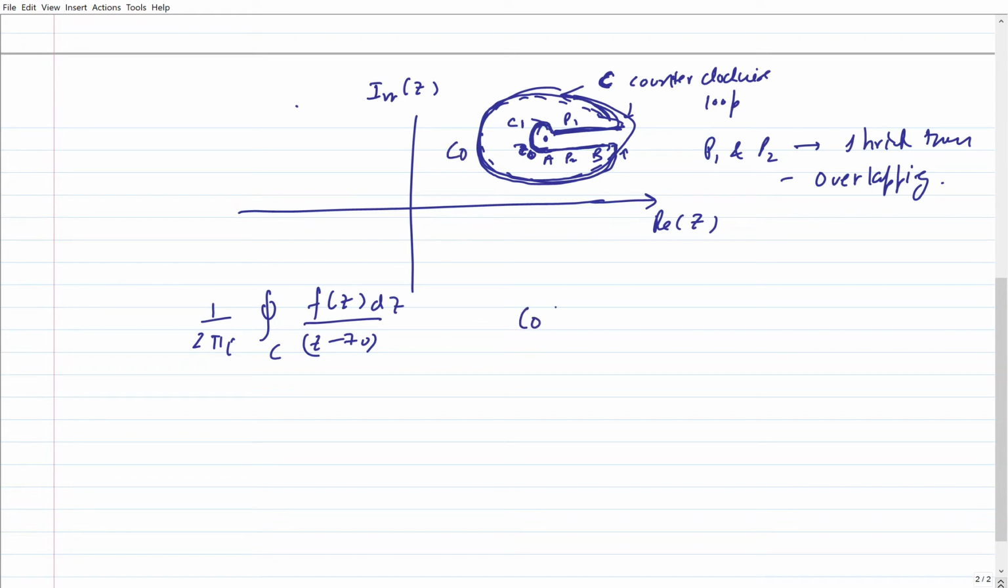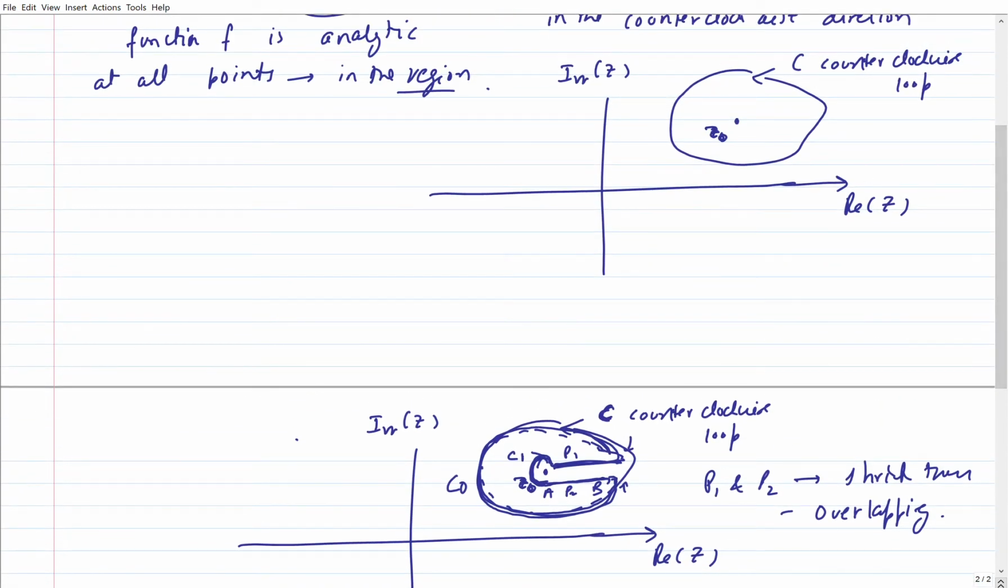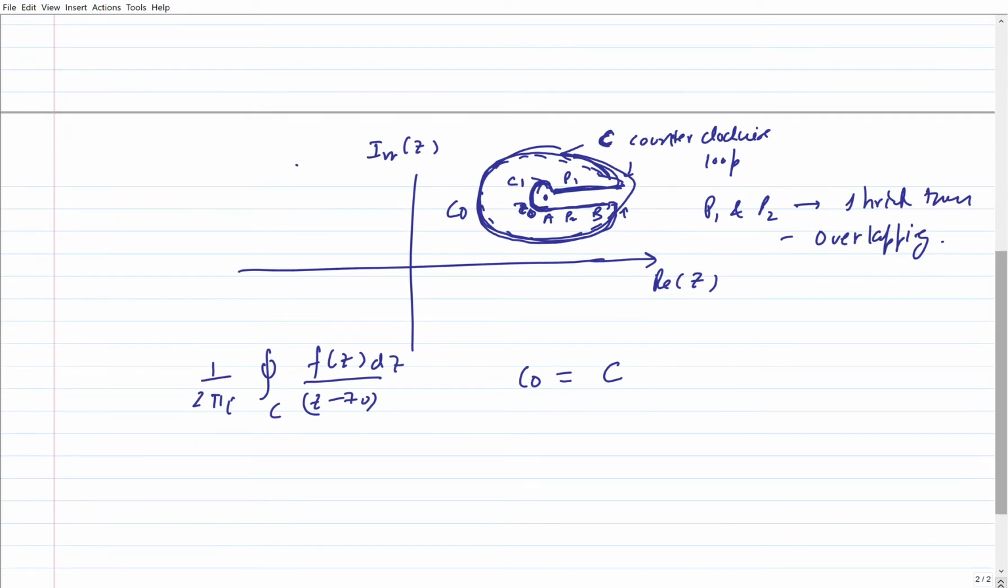So C0 was nothing but C, the original contour, plus this mini circle C1. As I shrink these points P1 and P2, my C0 is nothing but a combination of this path plus this circle. And as P1 and P2 are equal and opposite, they'll cancel each other.